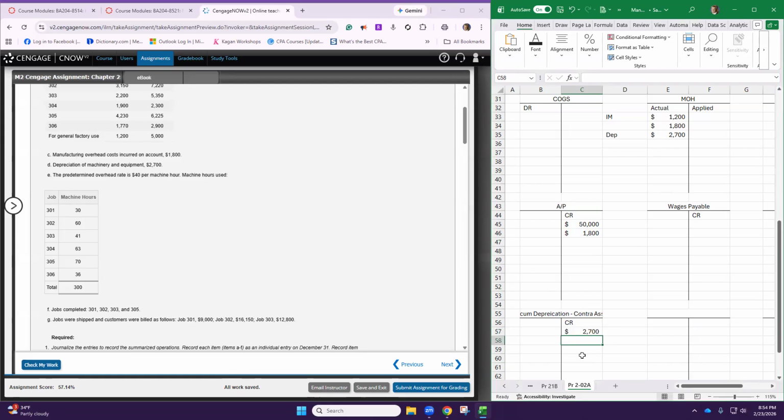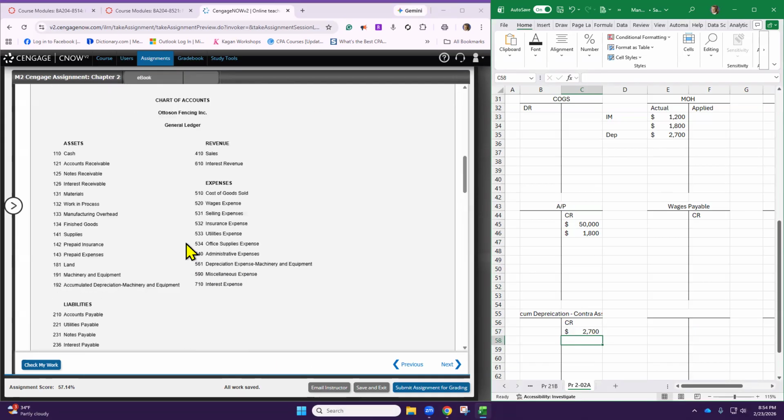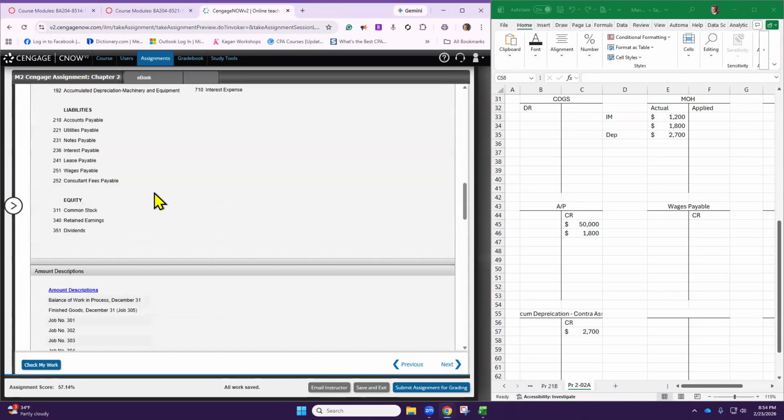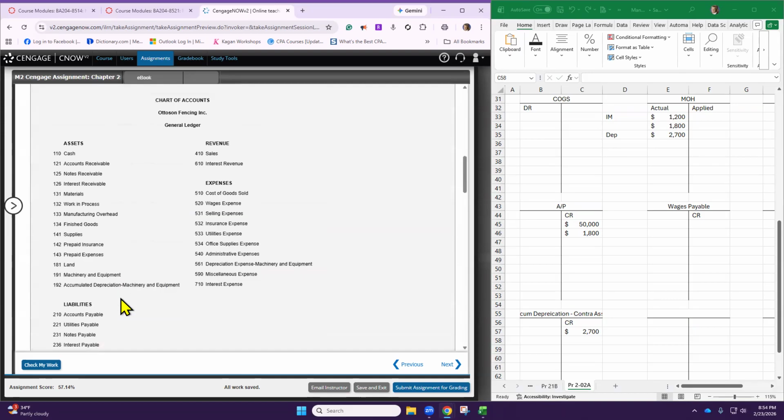So now let's try it. 2,700. Okay, this is going to go to manufacturing overhead. $2,700 and accumulated depreciation. So we should be able to go get that.